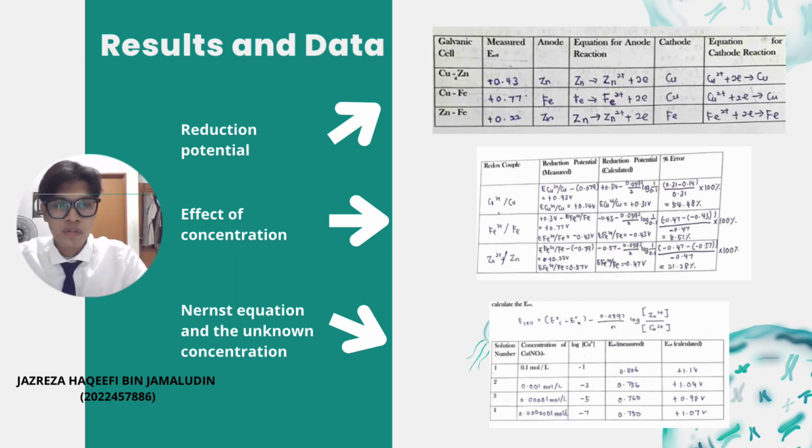Alright, now we go to the second part, which is the effect of concentration. For the first couple, which is copper, we first calculate the reduction potential beforehand, and here we can see a large difference between the reduction potential that we measured and calculated.